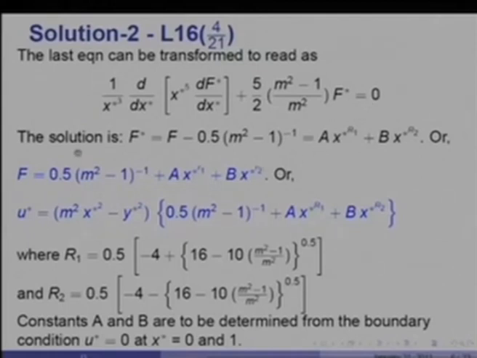The solution is f star is equal to f minus 0.5, which we had said before, is equal to a x star raised to r 1 plus b x star square raised to r 2, or f itself is just 0.5 m square minus 1 raised to minus 1 a x star raised to r 1 plus a x star raised to r 2, and u star is then given by this expression.